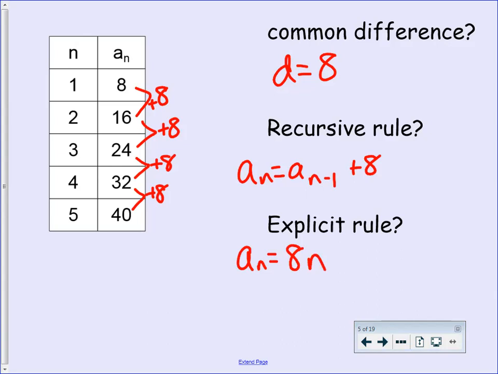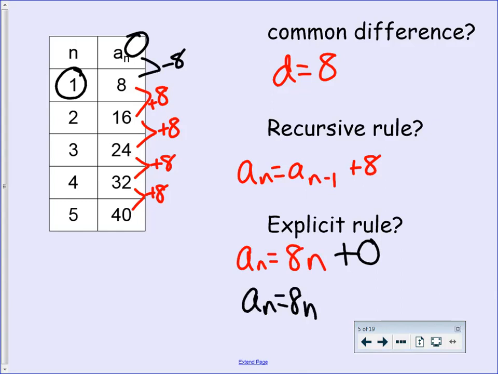And then we said I need to get my a_0, but I have a_1. So I need to go backwards 1, subtract 8, and that gives me 0 for my a_0. So I can either have my explicit rule like this or just like that. It does not matter which way you put it as long as it is one or the other.